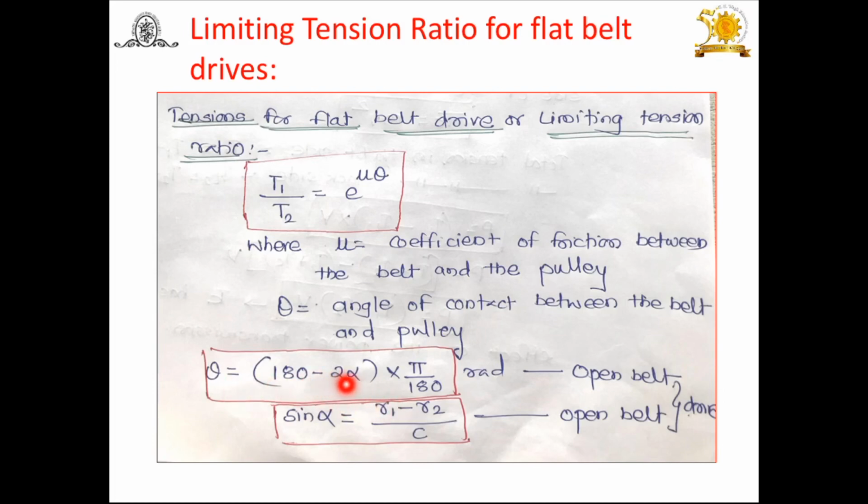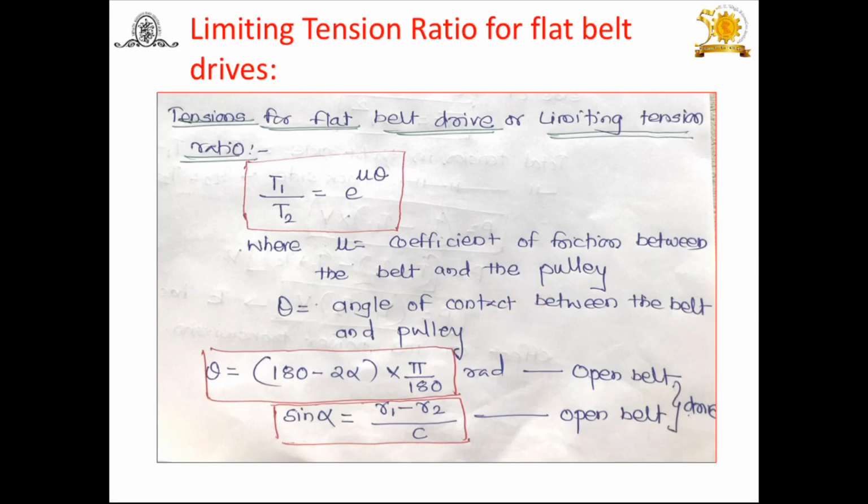Now here, in the limiting tension ratio, alpha is taken, and in the earlier expression of the length, beta is taken. Try to understand, don't make any confusion here. The (180 minus 2 alpha) into pi by 180 is the angle of wrap or angle of contact for the pulley.